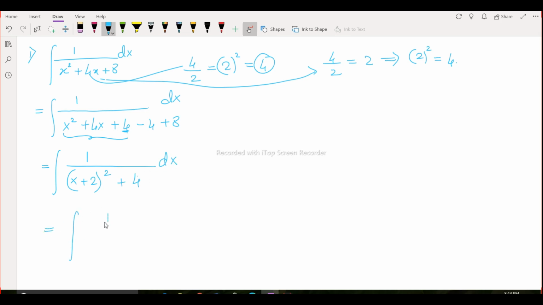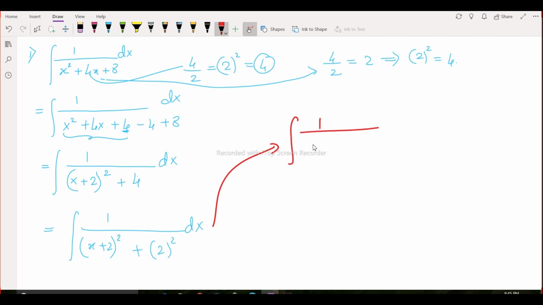Now we have converted this into a perfect square. So what has happened is this is x plus 2 the whole square plus 2 square, dx. And now this is a formula. This is the formula which we used in the last lecture, that is integration of 1 upon x square plus a square, where x is x plus 2 and for a you have 2. You just have to remember the formulas.